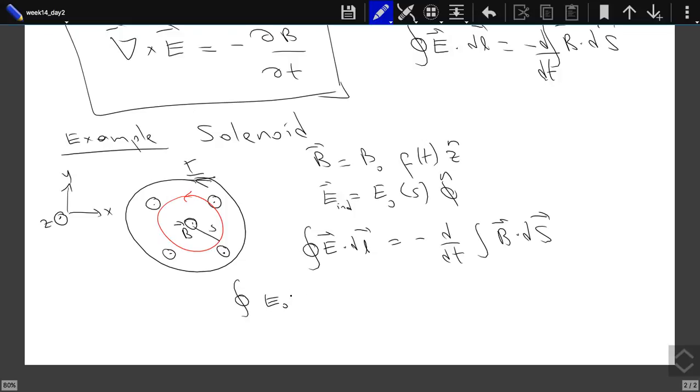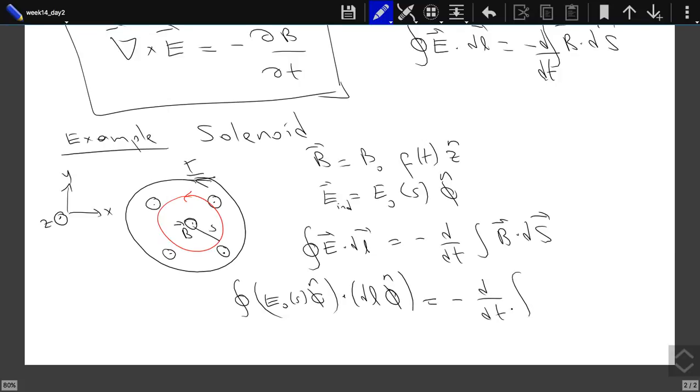Now the left-hand side: the electric field is E0 of s times phi hat. dl is its magnitude in the phi hat direction. Since I'm going in the counterclockwise sense around the z-axis, I'm moving in the phi hat direction all the time.